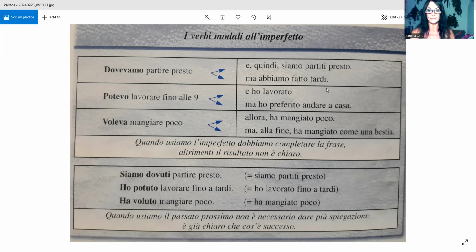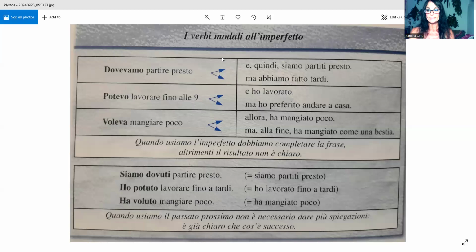So let's start. Here we have similar examples, as we'll see as we go along. We are starting from the imperfect tense, imperfetto, and we have an example for each of them. The first one is the verb dovere, which is must or to have to. The example is dovevamo partire presto, and then we have two different options.